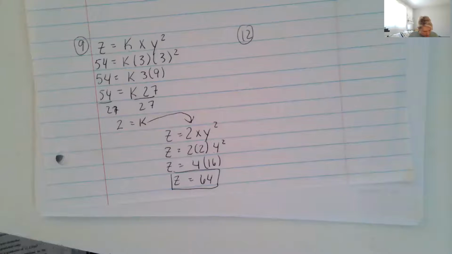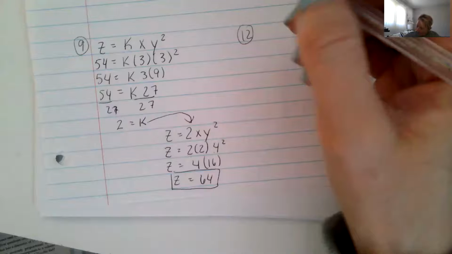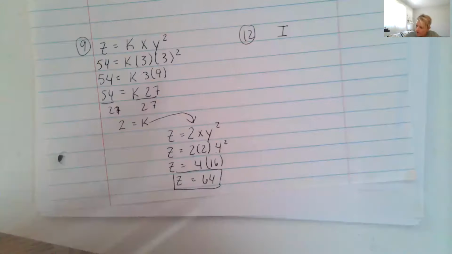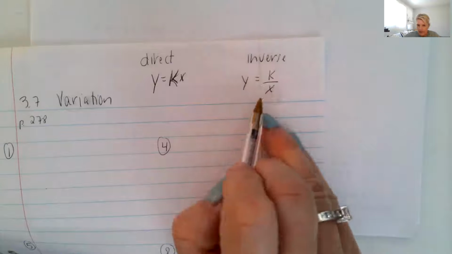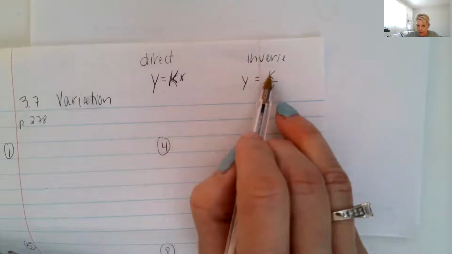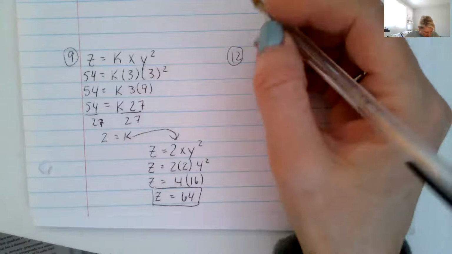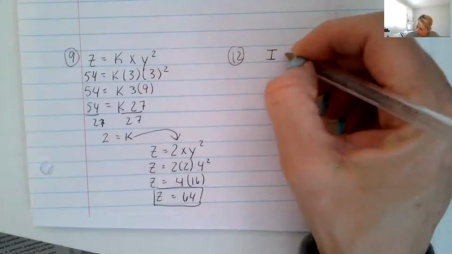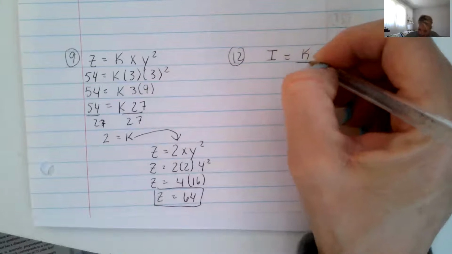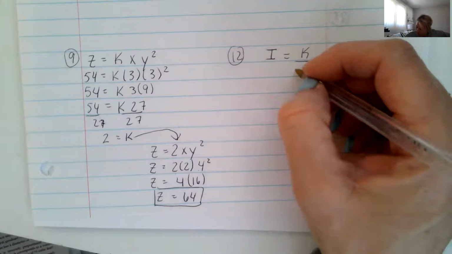So let's look at 12. Number 12 says that I varies inversely. Inversely means it's going to be this basic setup up here where the constant of proportionality is on top and your input variables are on the bottom in the denominator. Inversely with the cube, so we have our constant of proportionality k over the cube of w.